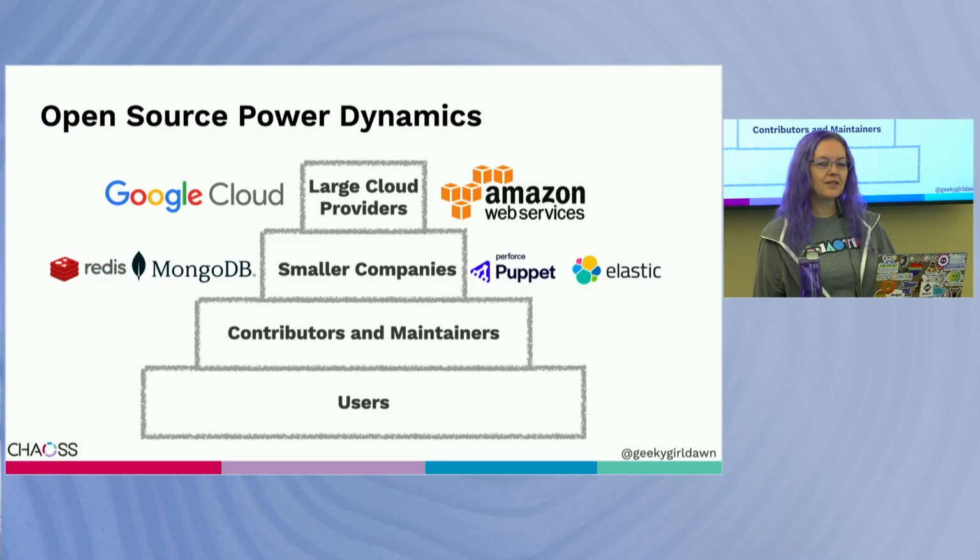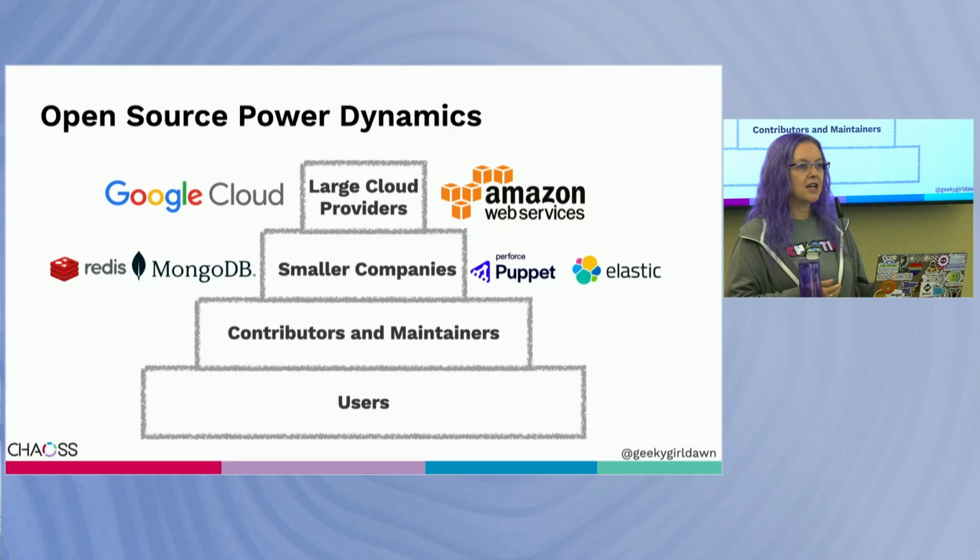In some, but not all of those cases, those smaller cloud providers, those smaller companies might have the power to relicense an open source project, which can then flip the balance of power between that smaller company and the large cloud provider. But this power play from the smaller companies then puts those maintainers, contributors, and users in a position of even less power and creates friction around this project that was just relicensed.